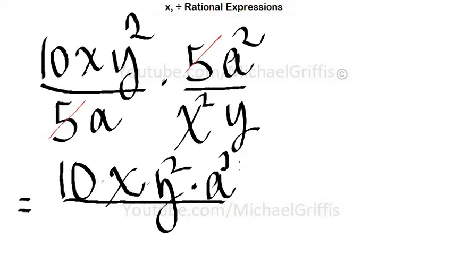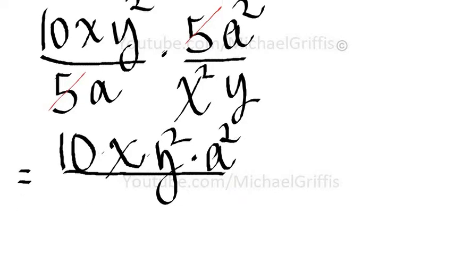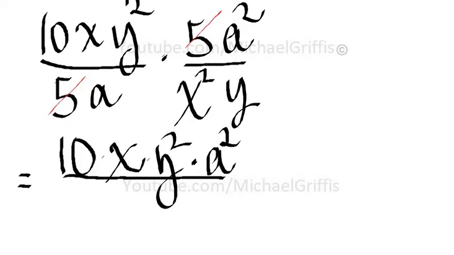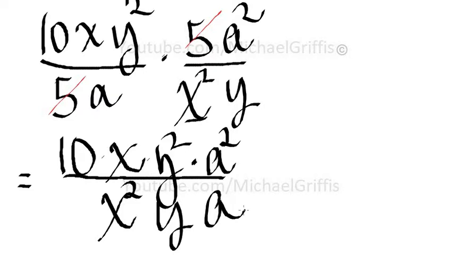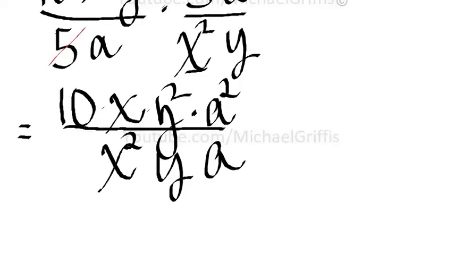Now I'm going to put x, which is down here in the denominator, where we have an x squared, directly underneath this x. And then we have a y, so I'm going to put that y under here. And then an a. So maybe you can better see that. Okay, so that should cover everything.